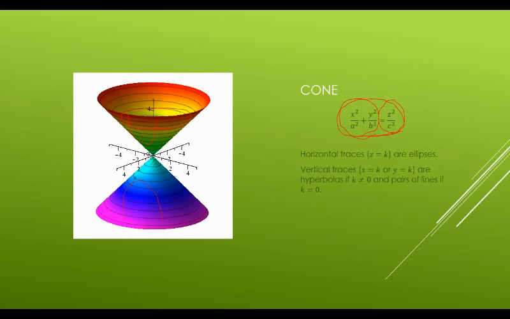And that's hence the cone shape that you get. The cone contains both the top and the bottom pieces. By the way, if you do a very specific trace that goes through the point, that trace, instead of being a hyperbola, is just a pair of lines.